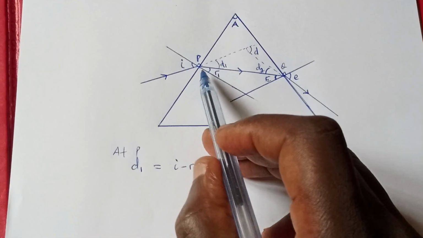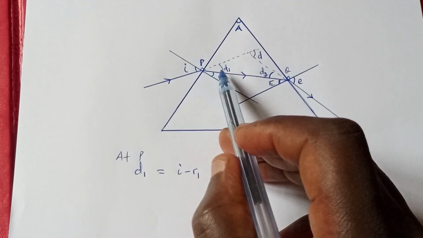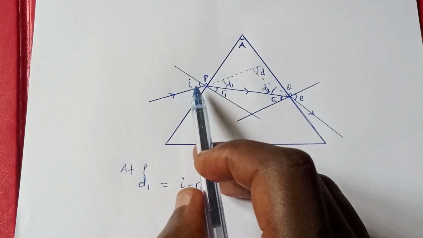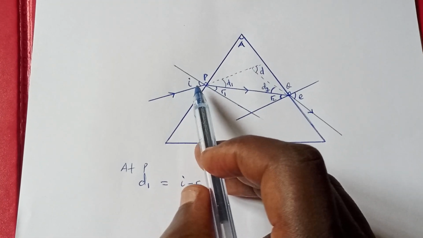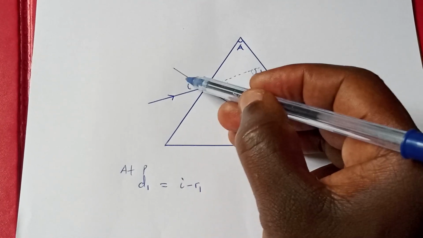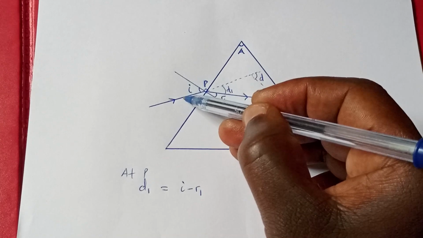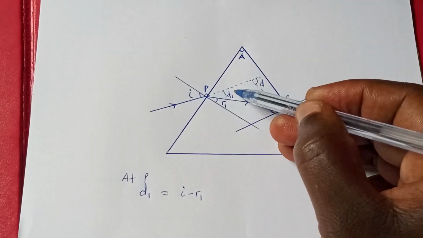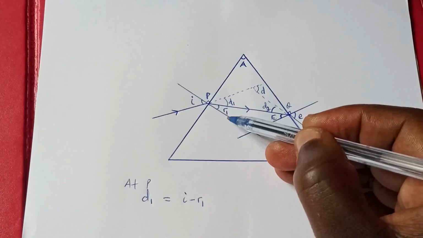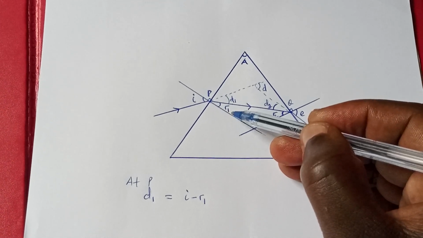Let us go back to point P. We are looking for this angle of deviation D1 in terms of R1 and I. Mathematically, the whole of this angle I is equal to the whole of the angle when you add D1 to R1. Which property is that?